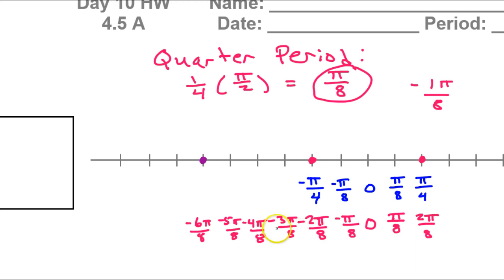Now, I put them down below instead of putting them on the number line because I knew that some of them would probably have to be reduced. Negative 3 pi over 8 can't be reduced. But negative 4 pi over 8 is the same thing as negative pi over 2. So that must be reduced. You can't leave it. Negative 5 pi over 8 can't be reduced.